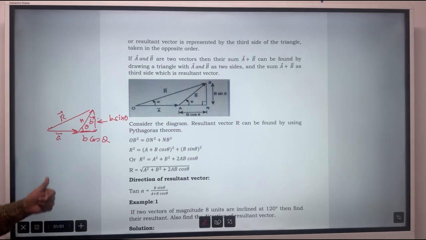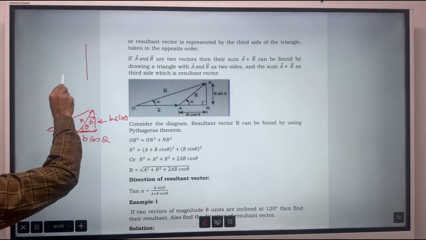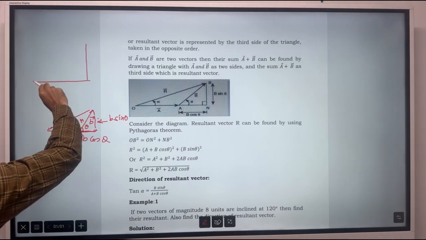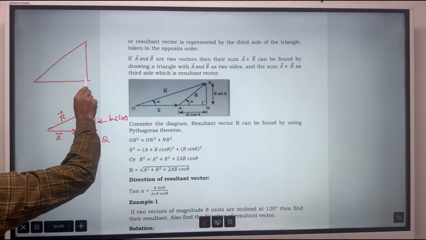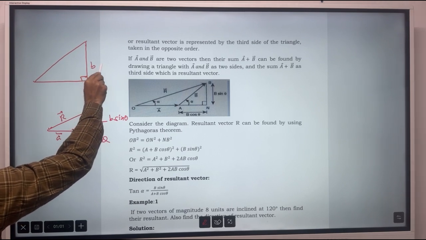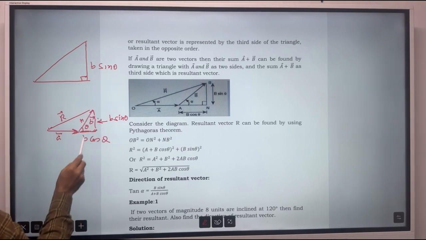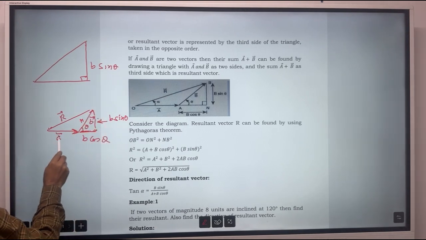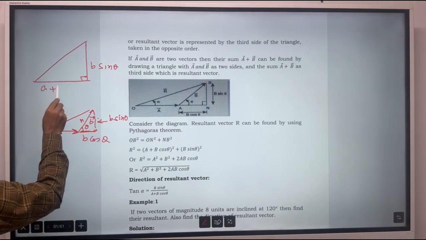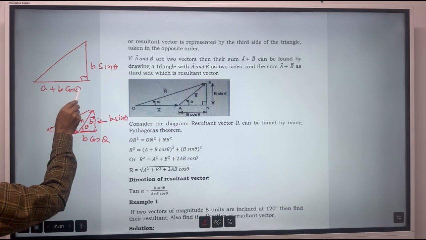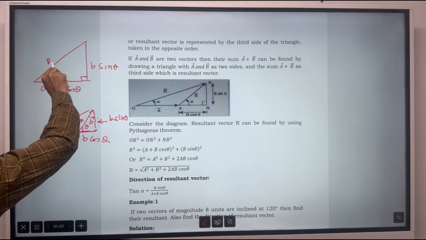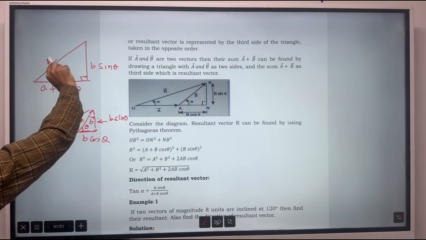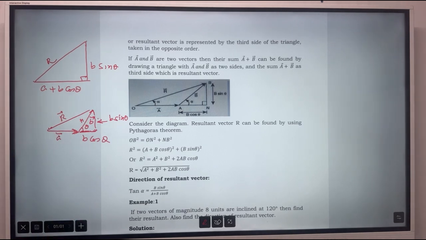Now we have a right angled triangle like this, in which this angle is 90 degrees, this is B sine theta, and the base has become A plus B cos theta, and this is say vector R. So here I am writing it in terms of magnitude.